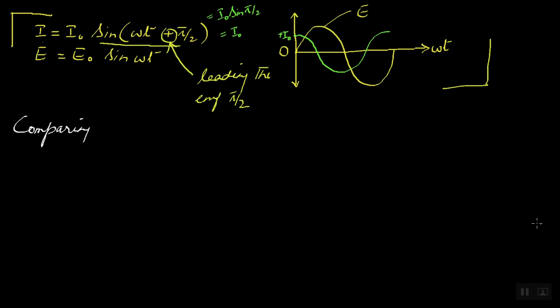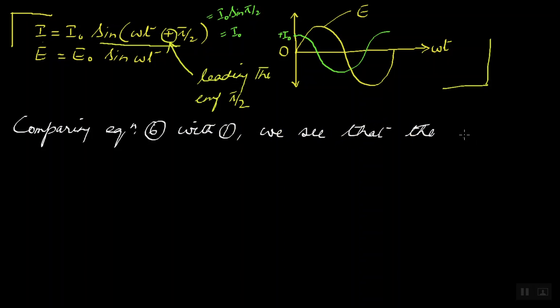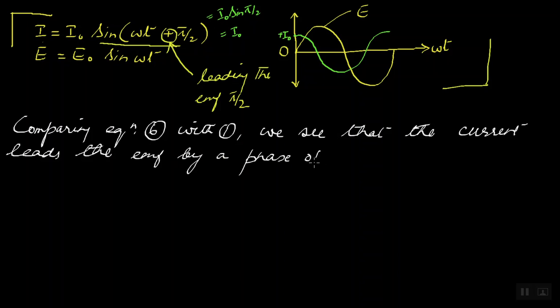Comparing 6 with 1, we see that the current leads, because the current is starting from in front, leads the EMF by a phase of pi by 2. Got it? So let us now draw this graph nicely.